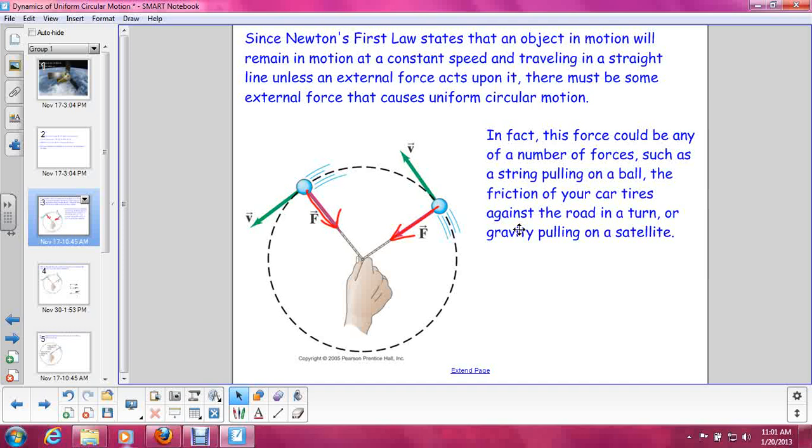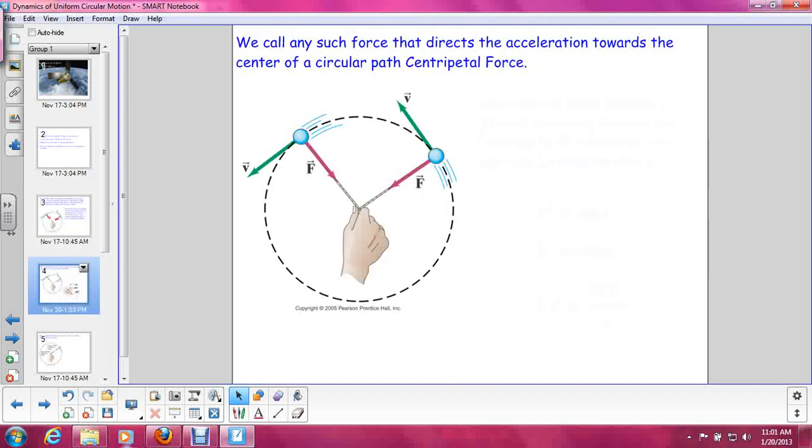If that gravitational attraction were not there, bye-bye moon, we would never see it again. So we call this force that directs the acceleration of an object toward the center the centripetal force. So anytime you have an object moving in a circle at a constant speed with a set radius, there has to be a force pointing toward the middle.